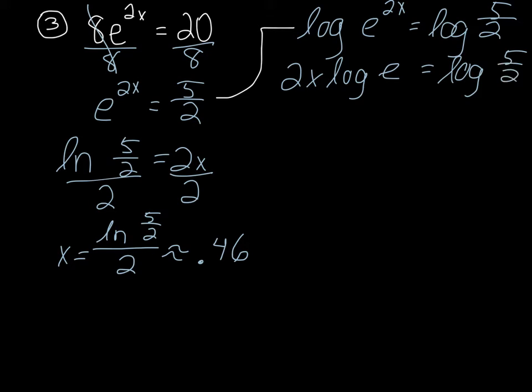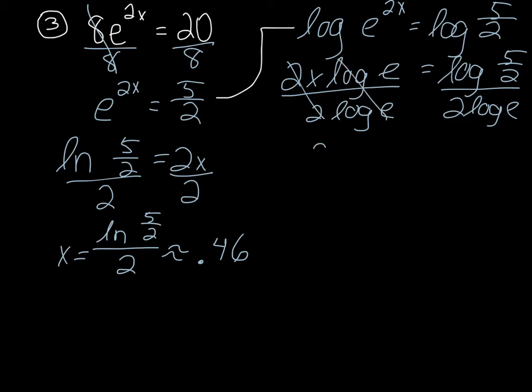We would divide both sides by 2 log of e. And then in the calculator, x equals log of 5 over 2 divided by 2 log of e. And still to the nearest hundredth, we would get 0.46.